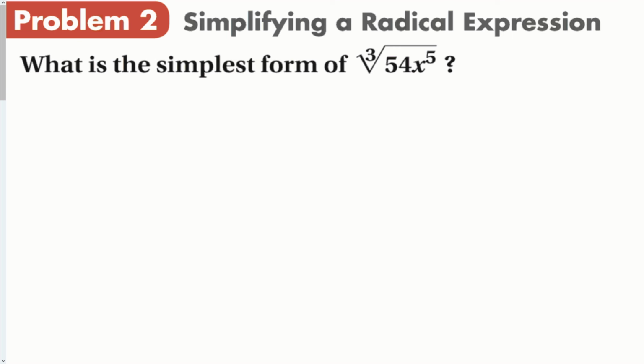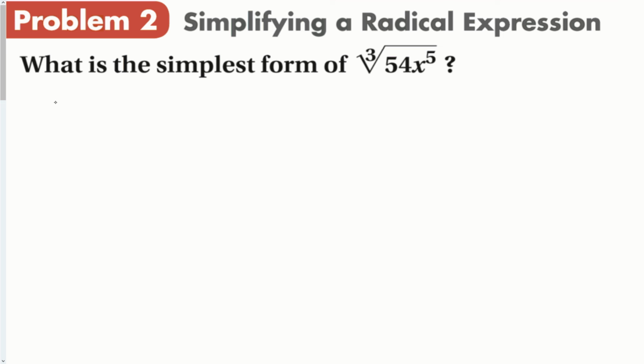So, what is the simplest form of this expression? Let's break it down a little bit: the number and the variable. 54. The largest perfect cube that goes into 54.